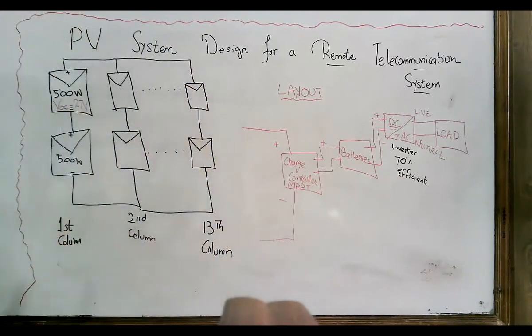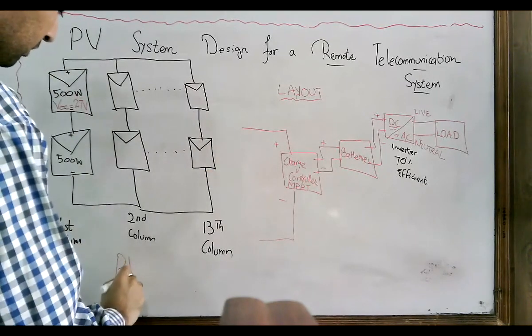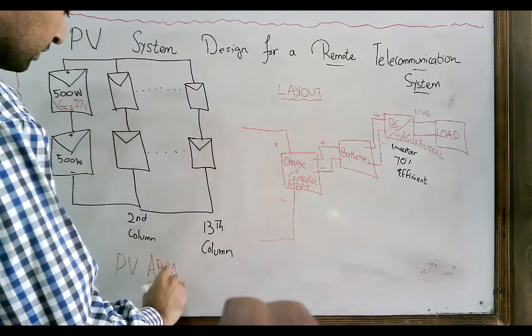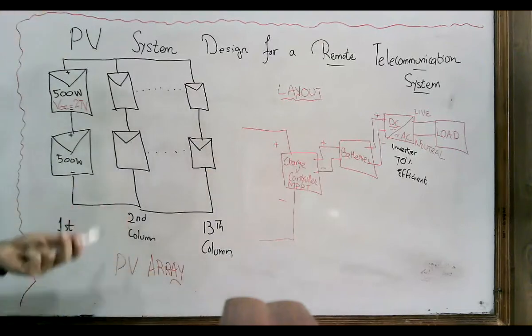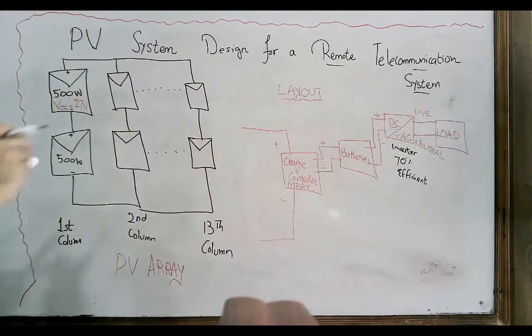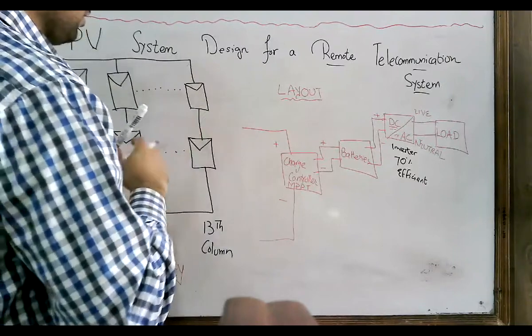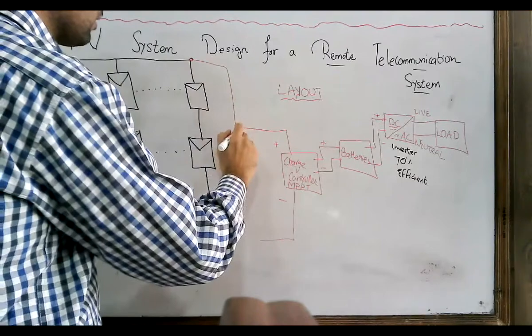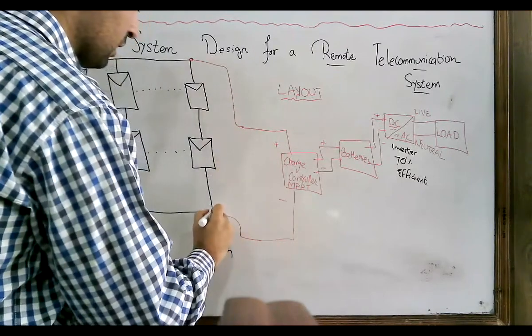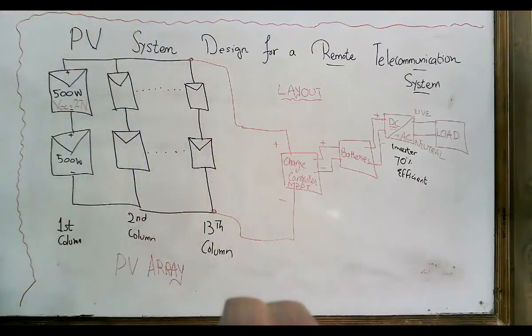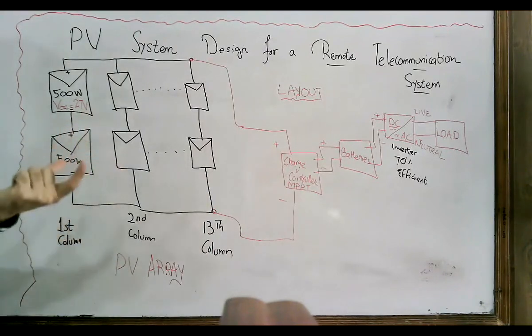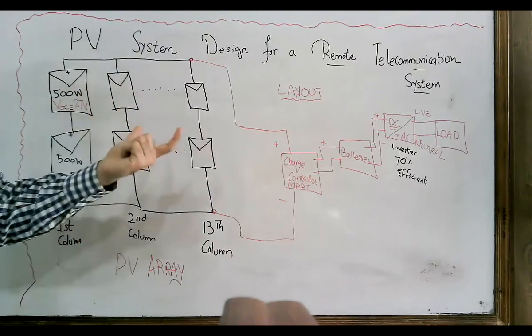So now this is the combination of our PV. This is known as the PV array. This is what you have seen on the rooftops of the different installed systems. And here comes the charge controller which is connected here. Okay. Then we have done with the calculations of how to calculate the rating of the PV array.